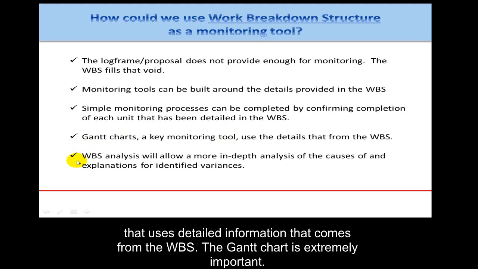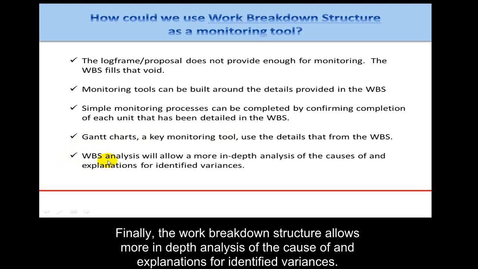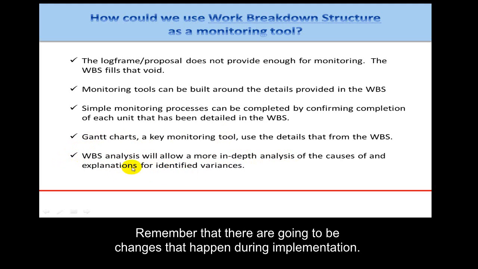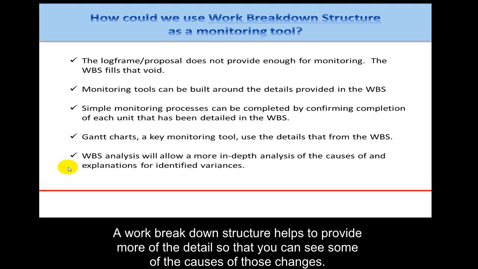And finally, the work breakdown structure analysis allows more in-depth analysis of the cause of and explanations for identified variances. So remember that there are going to be changes that happen during the implementation, and the work breakdown structure helps to provide more of a detail so that you can see what some of the causes of those changes might be.